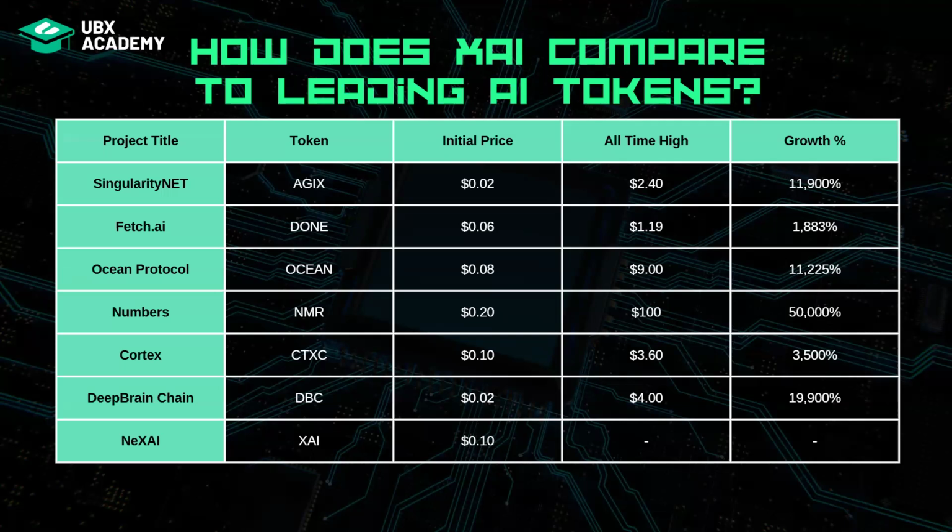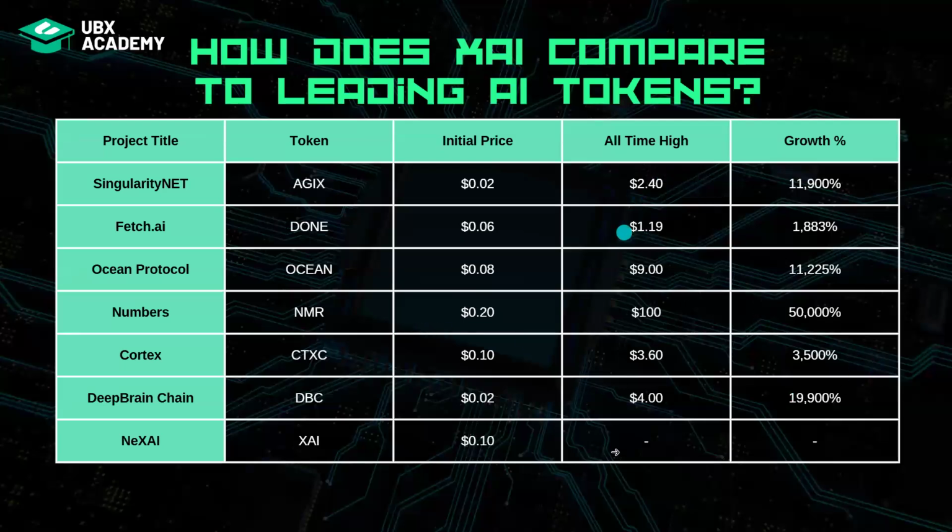All you need to do is submit your application for the idle devices like your smartwatch, your smartphone, your laptops to NeXAI, and they will record your contribution power, show you a proof of contribution, and pay you according to how much your contribution is, in the form of XAI token.